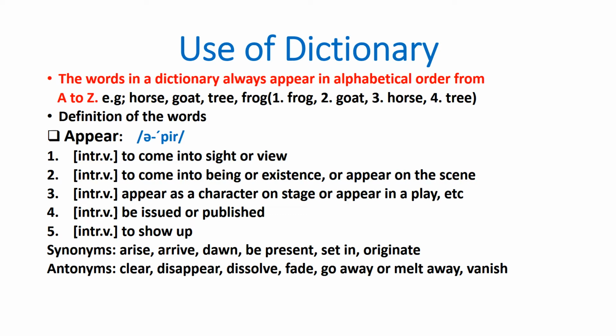So we shall write horse on number 3 and tree on number 4 in this alphabetical order list.